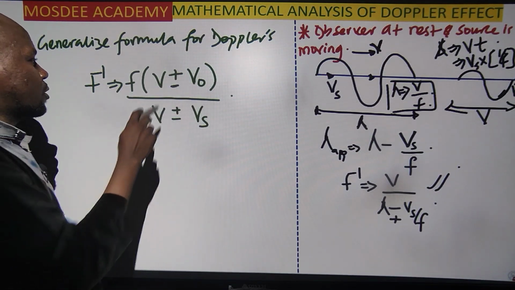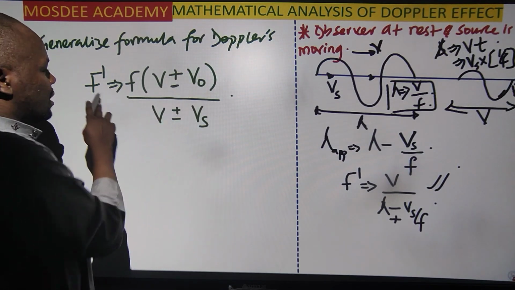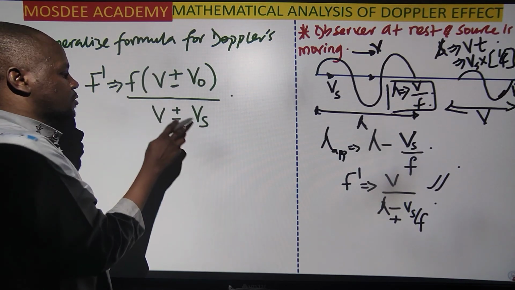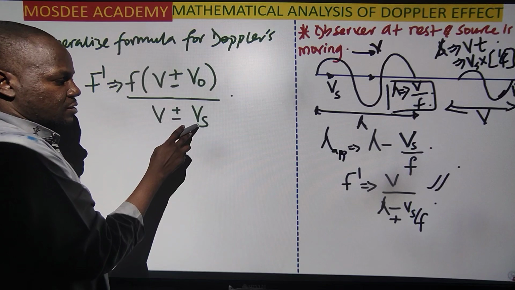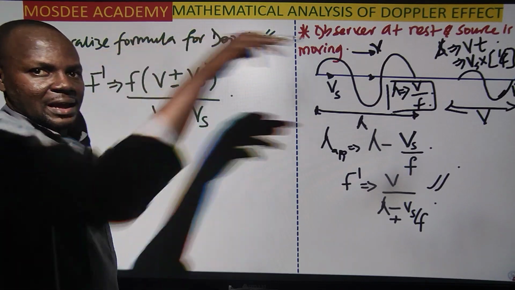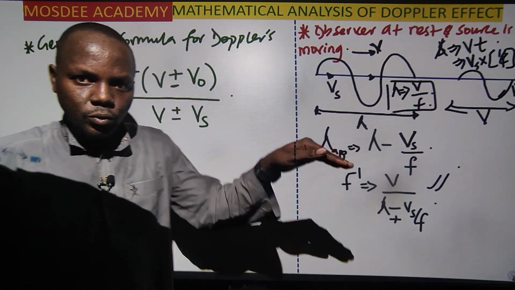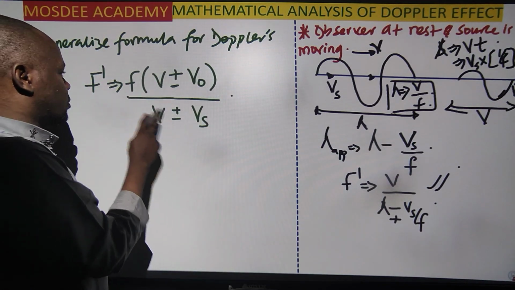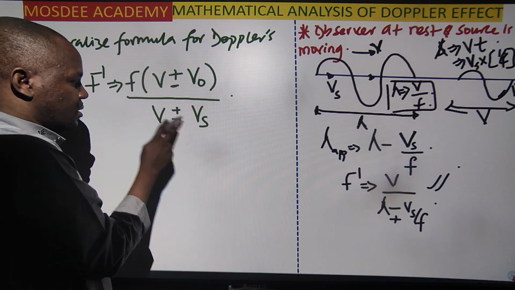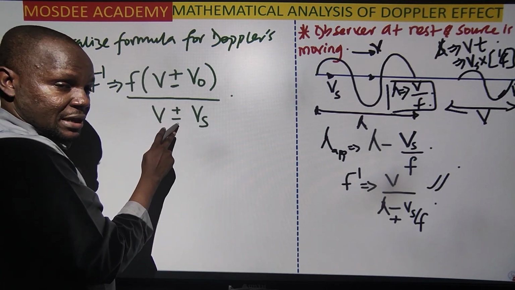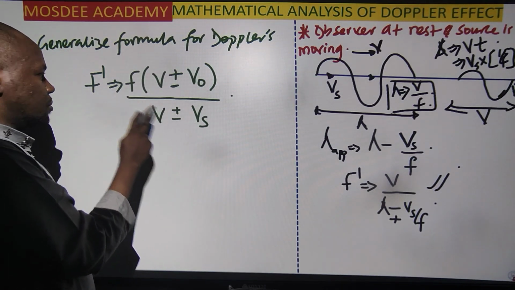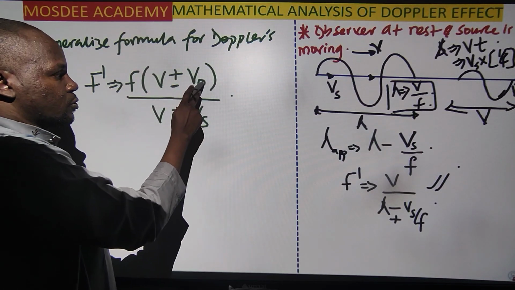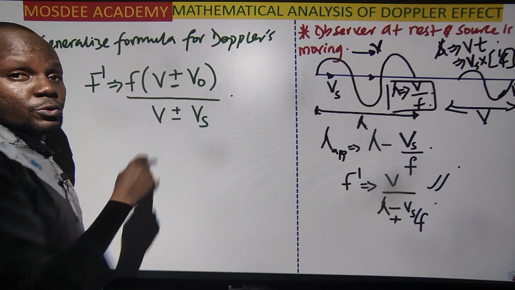Now, if the source is moving, look at the new frequency here, it is kind of inverse. So if the source is moving towards the observer, you use minus, because this is an inverse relationship. If it is moving away, you use plus. But for the observer, if it is moving towards, you use plus. If it is moving away, you use minus.